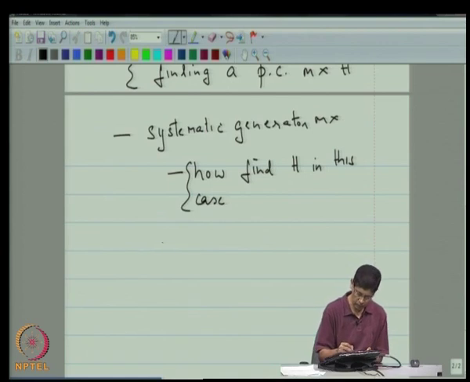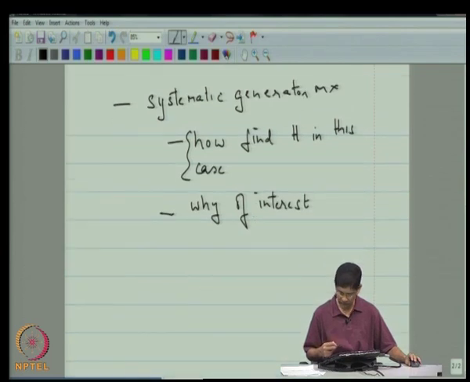Then we talked about why a systematic generator matrix is of interest in the first place. Why is it of interest to have such matrices?